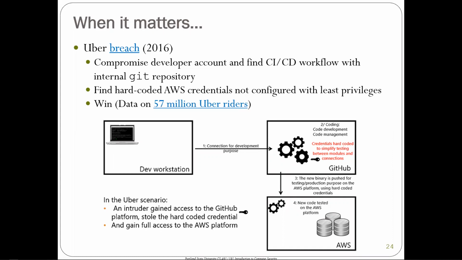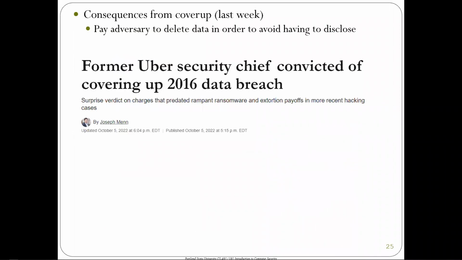And so I put this in here because just last week, the security chief was convicted for covering this breach up. Here's a guy trying to do his job. And as it turns out, he was so fearful of exposing that Uber lost all of the customer data that he paid the hacker to delete the data and then decided not to disclose this.